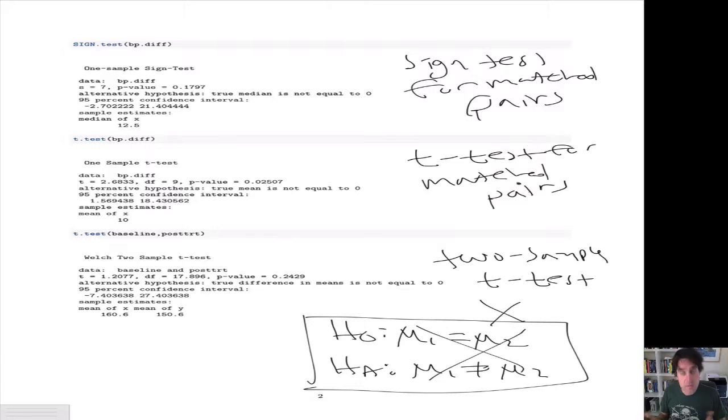So back to here, that means that we should use the sign test, because the sign test doesn't rely on the normality assumption. So the appropriate p-value here would be 0.1797. Now notice that the p-value for the matched pairs t-test is 0.03, and it is significant at the 5% level.